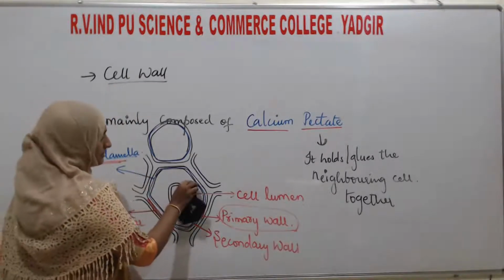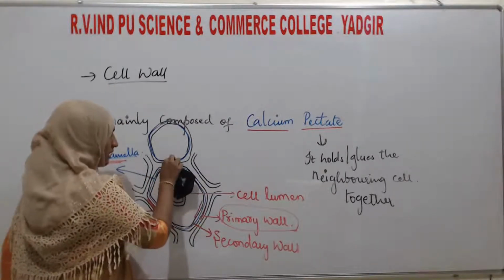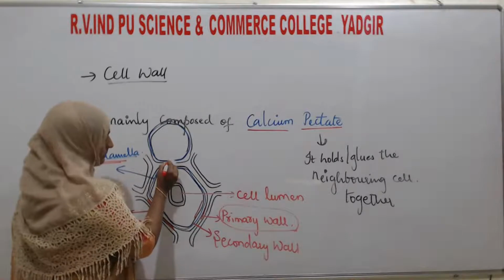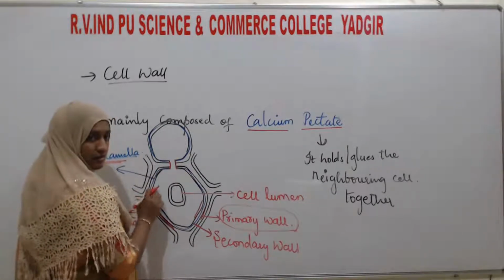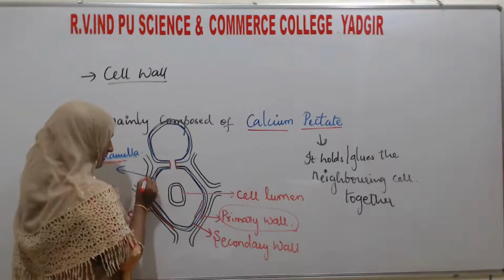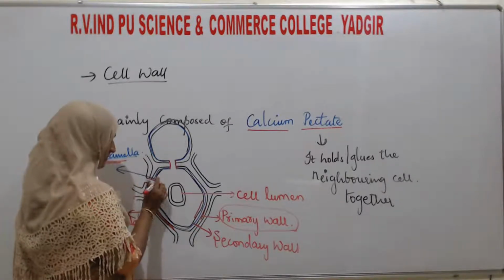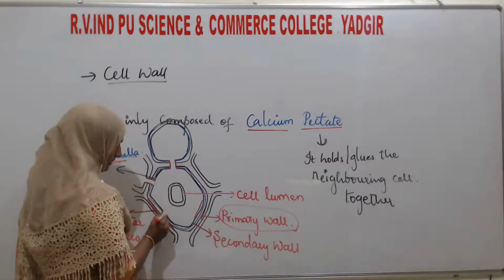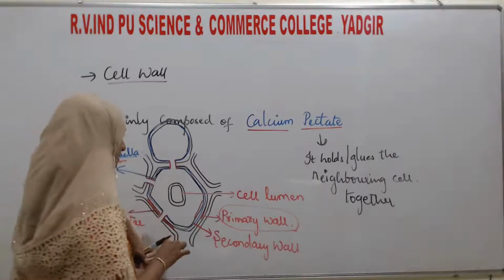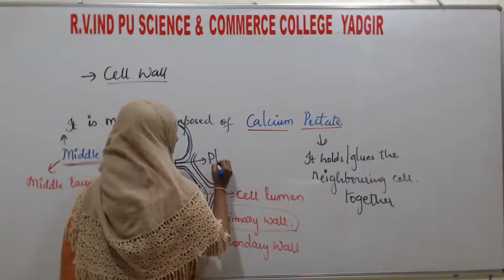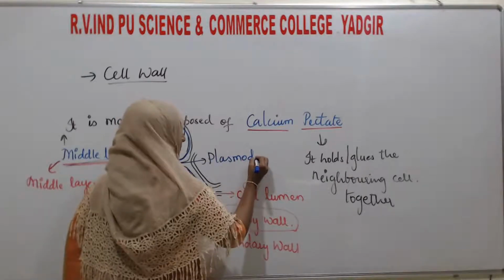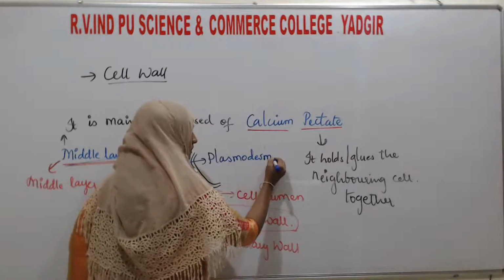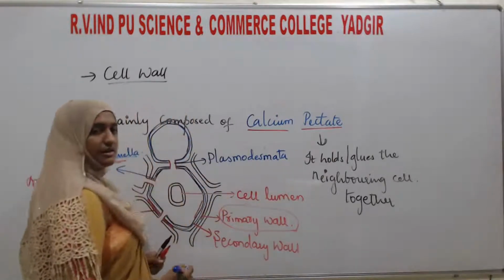We can see here the presence of plasmodesmata. It will be like this, and this structure is known as the plasmodesmata, which is making a way from one cell to another cell.